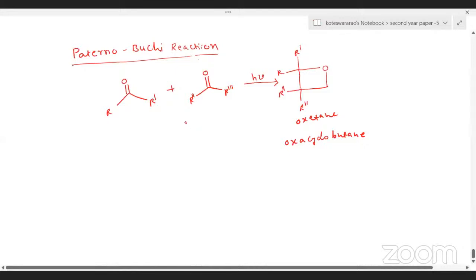Okay. Now, based on the products formed, how can we define the Paterno-Büchi reaction?